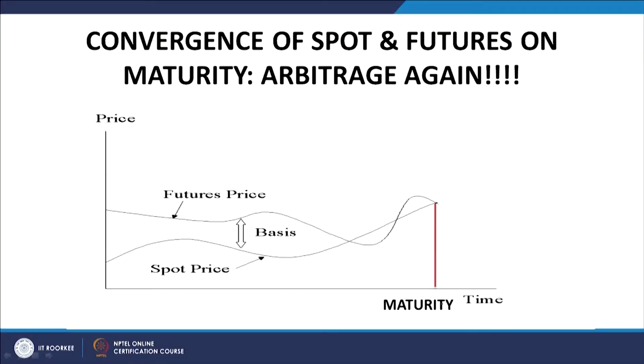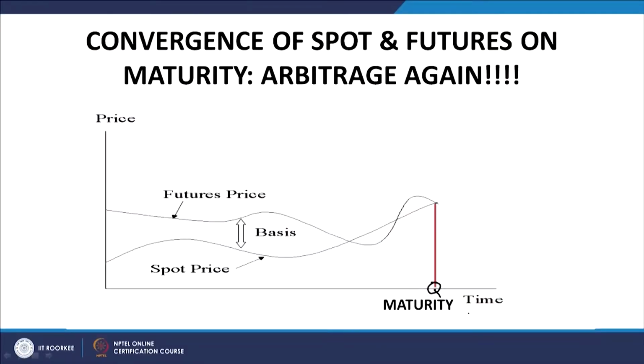But there is a caveat. The caveat is that although basis does fluctuate, being the difference of two stochastic processes, at the point of convergence, at the point of maturity of the futures contract, the basis must approach 0, must converge to 0.